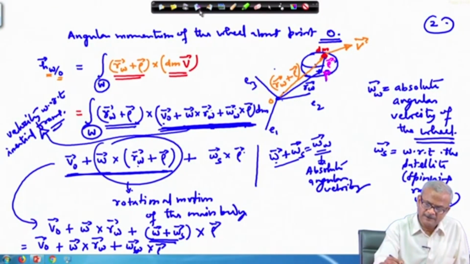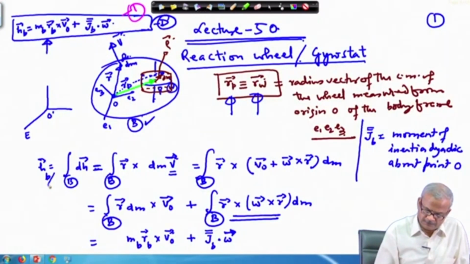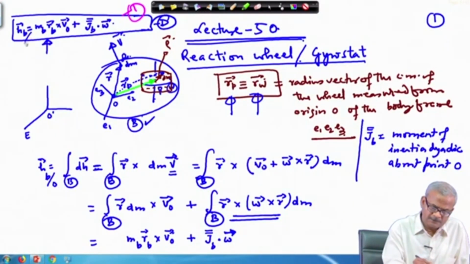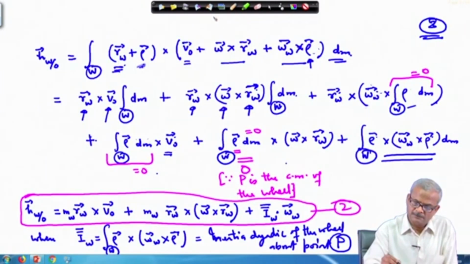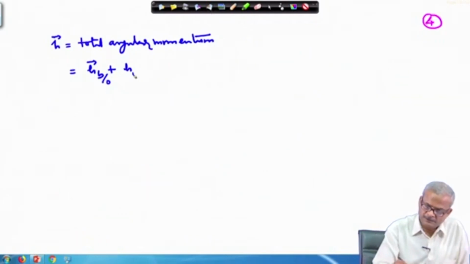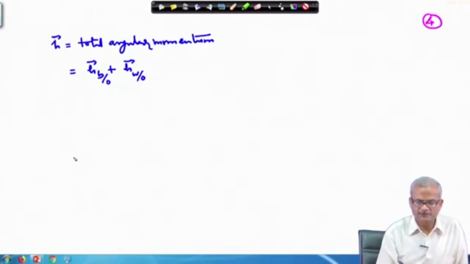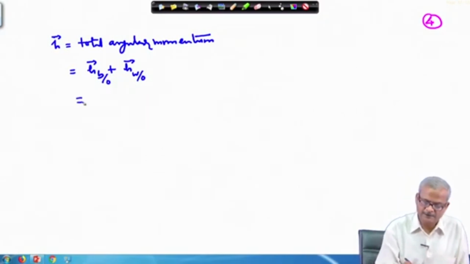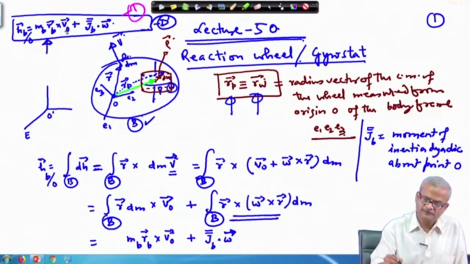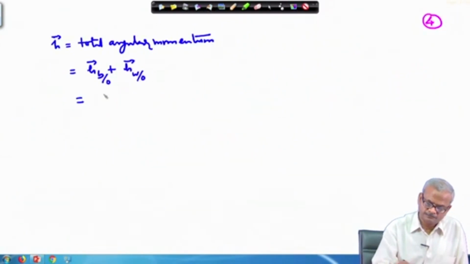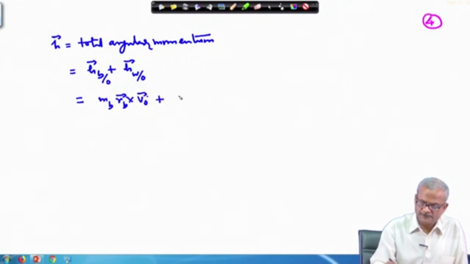and this can be written as H main body plus, and this also is about the point O. So, maybe we can go back and put this point O. So, this is also about the point O, this is about the point O. And also the wheel about the point O. So, this is the total angular momentum, we just need to add that, and then put all these quantities here: M_B R_B cross V_0 plus J double bar.